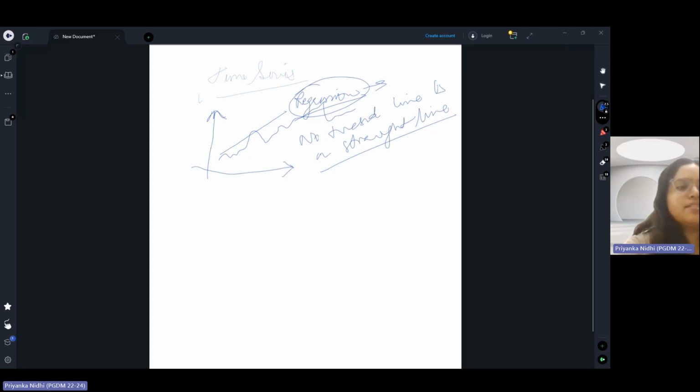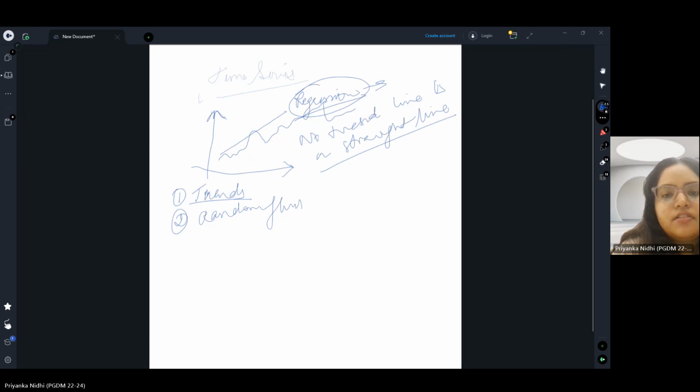So the fluctuations that happen are of three types. First is the trends that we see. Second is your random fluctuations. Third is your stable fluctuations or seasonality, which we call.